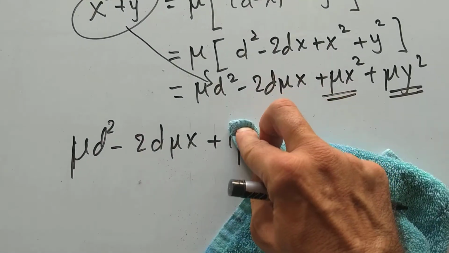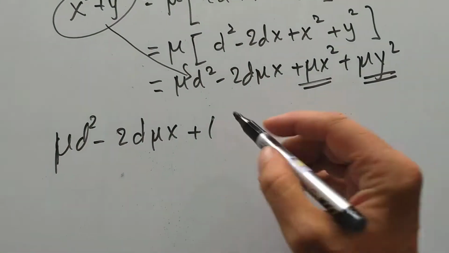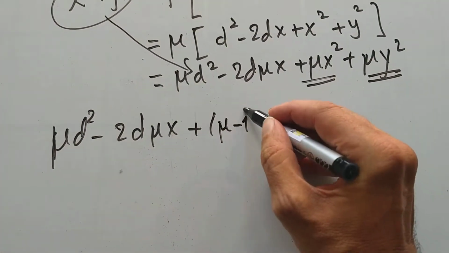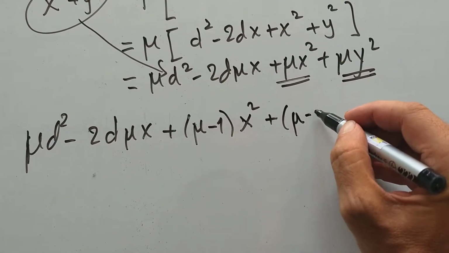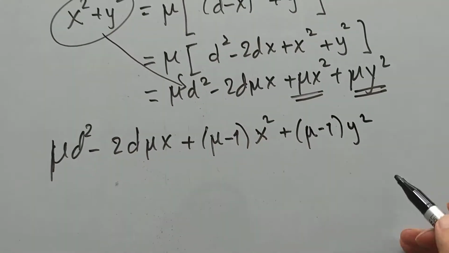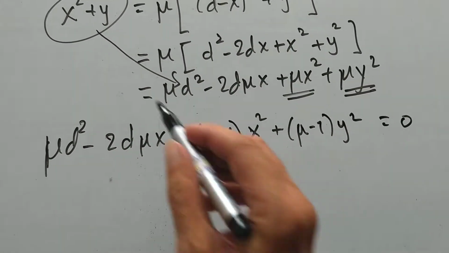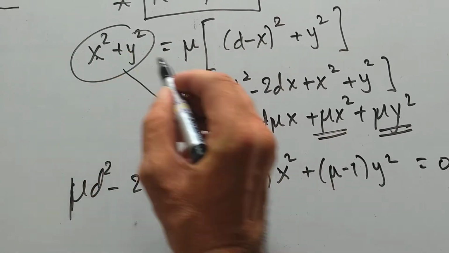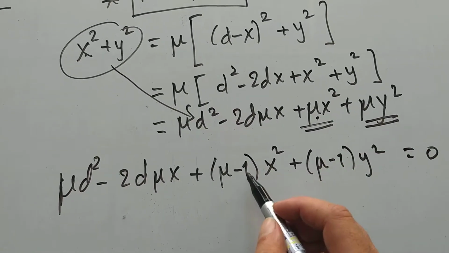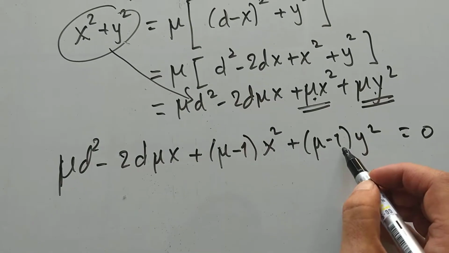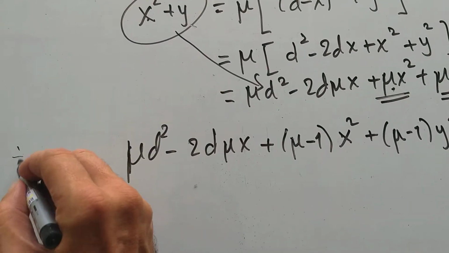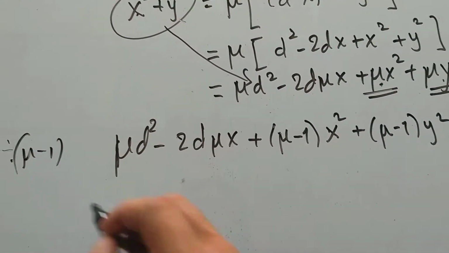It's not a nice looking mu, so let's improve that. Mu minus 1 x squared plus mu minus 1 y squared is 0. So this x squared went in here and gets me mu minus 1. Same with the y squared. Let's divide everything by mu minus 1.